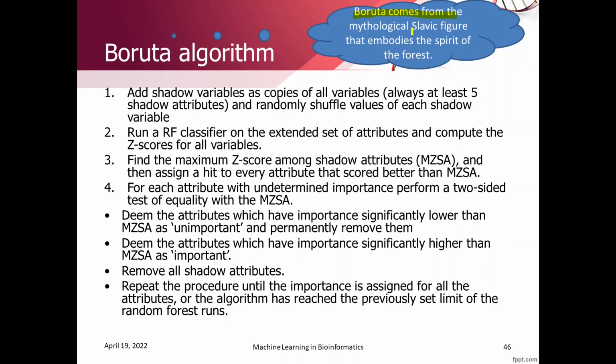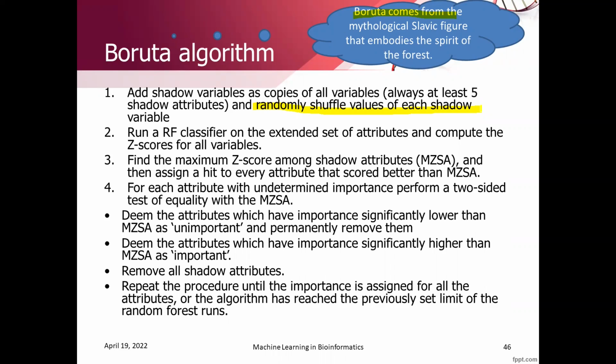So these were the original, and we add another copy, and in the shadow attributes we randomly shuffle the values of each shadow variable. So we take one column and randomly shuffle, second column randomly shuffle, and so on.